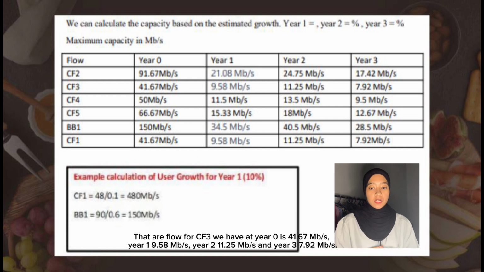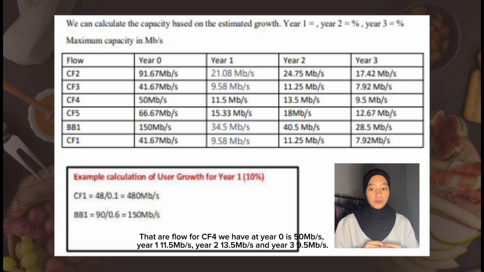And for CF3, the capacity is 41.67 Mbps, and then for year 1 is 9.8 Mbps, year 2 is 11.35 Mbps, and for year 3 is 7.92 Mbps.